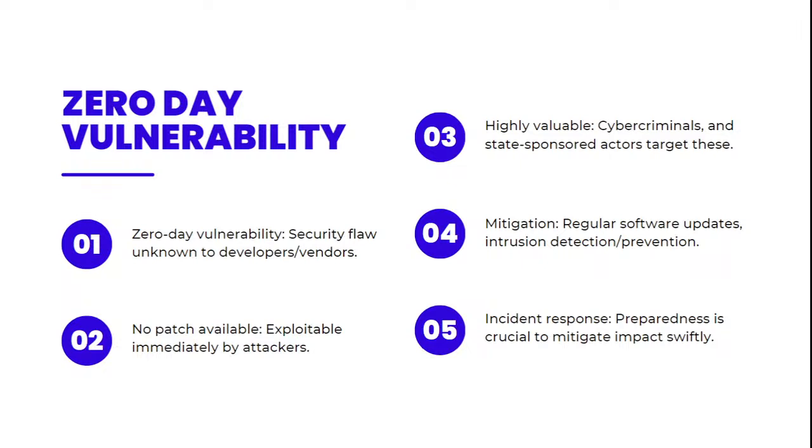So there will be no patch available instantly, and the attacker can use it to their advantage. It is also very much in demand among cyber criminals, suicide attackers and script kiddies. These are the different types of hackers who use this vulnerability to penetrate the organization's network.